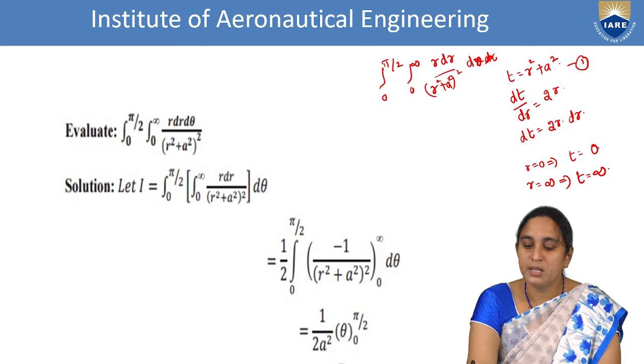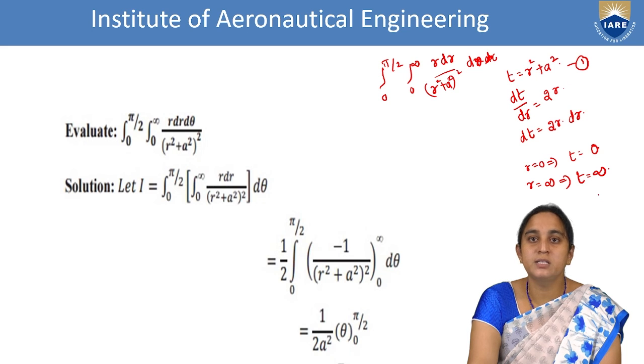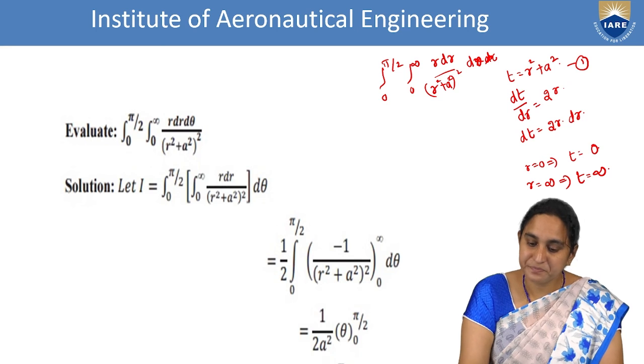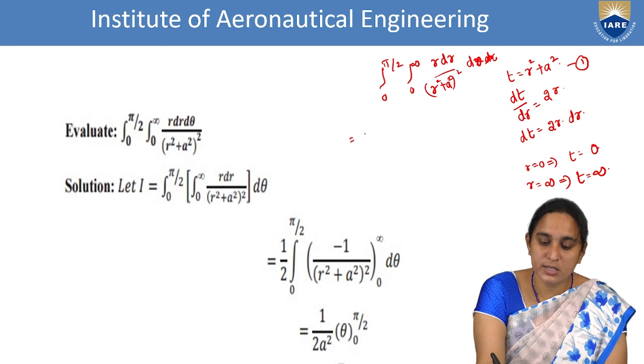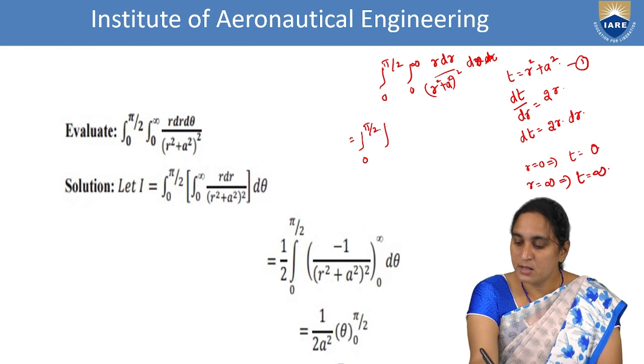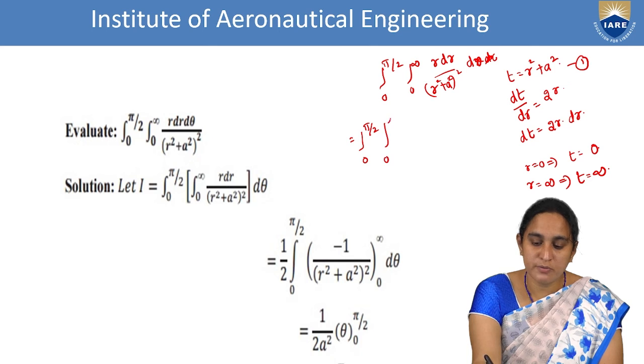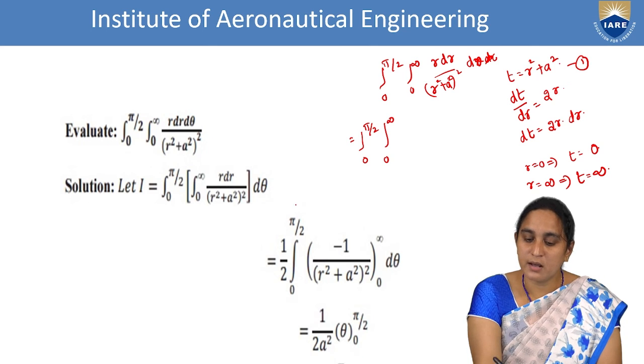Therefore r equal to 0 means t equal to 0, and r equal to infinite means t equal to infinite. Now I am substituting the points in the given question, that is 0 to pi by 2, and the limit points 0 to infinite, r dr.